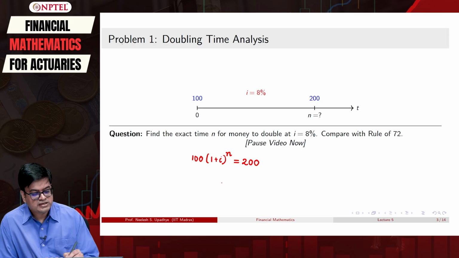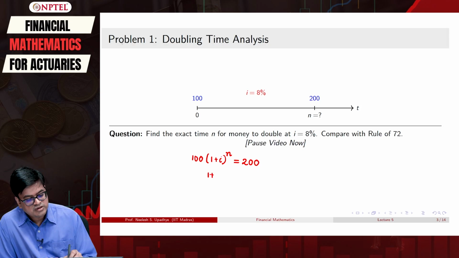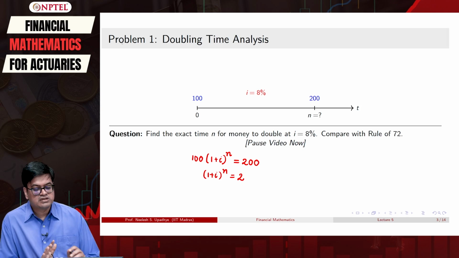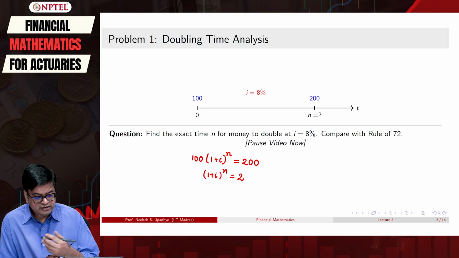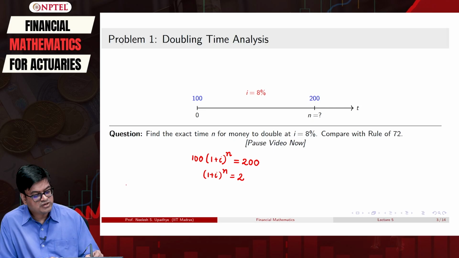If I divide throughout by 100, it becomes 1 plus i raised to n is equal to 2. Now I have to solve this equation. The hurdle is that n is in the exponent. I have to get it onto the linear scale. The only solution that we have is to take the natural log.